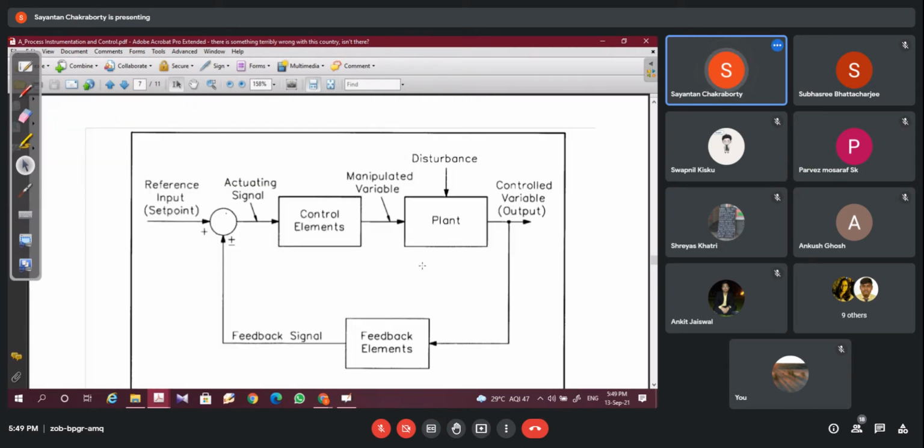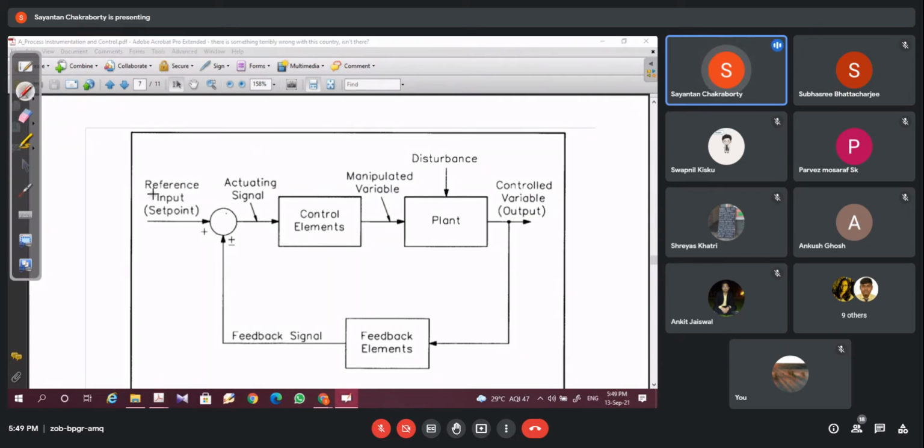So don't judge anything. So this is a basic control loop that we discussed in the last class. This is your reference point, set point, which is being compared with the feedback signal, and feedback signal is obtained from the controlled variable output by the feedback elements that constitute sensors, transducers, and signal conditioning elements.